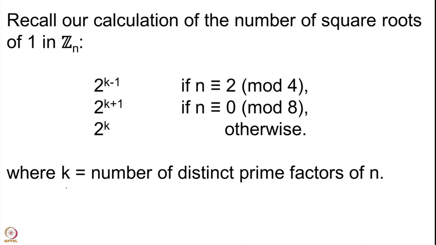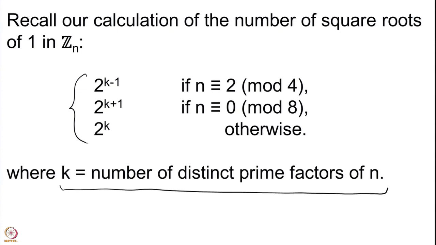So, whenever we had k distinct prime factors, we had the numbers to be these 3 numbers. Now, whenever these numbers are more than 2, then our UN cannot be a cyclic group. So, here we want to look at these to be more than 2. That is the thing that we have to find. So, k, because you will have at least one prime factor.